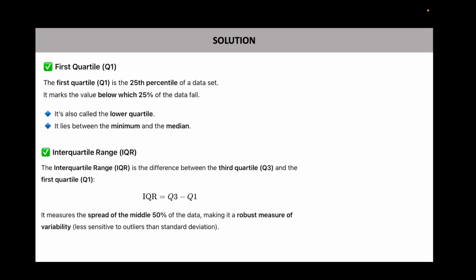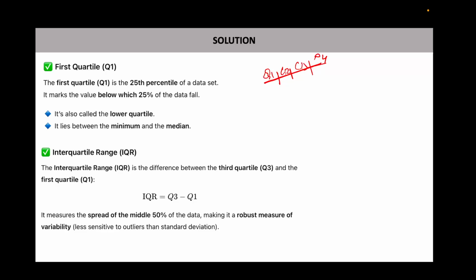There were two terms asked in this question: one was the first quartile and the other was the interquartile range. So what are these quartiles and what is an interquartile range? When you have a data set, quartile basically means 4. If you divide this data set into different parts, you can have Q1, Q2, Q3 and Q4.